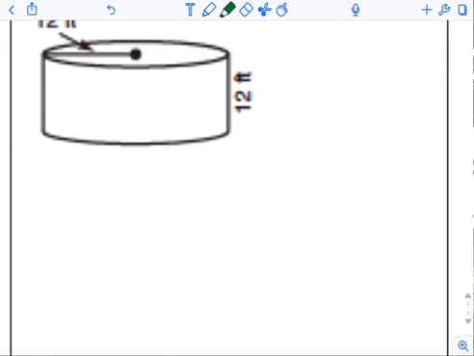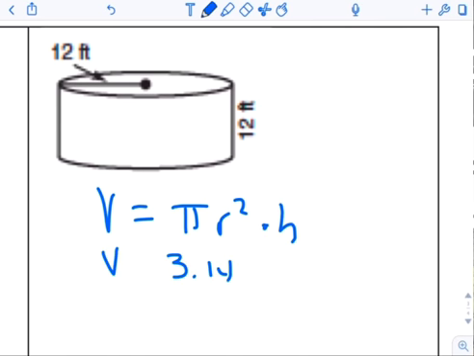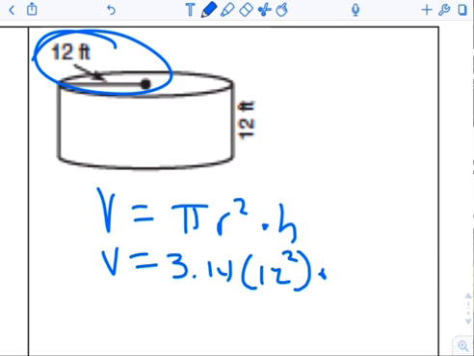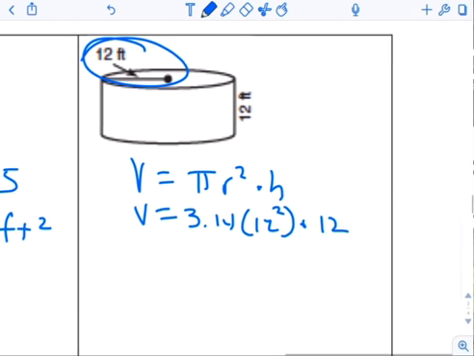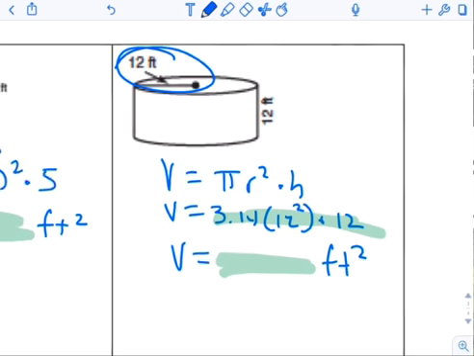Same thing here. V equals pi r squared times height, 3.14. Radius, this is already a radius, 12 squared times 12. V equals, put it in your calculator, get your answer, and make sure it's feet squared.